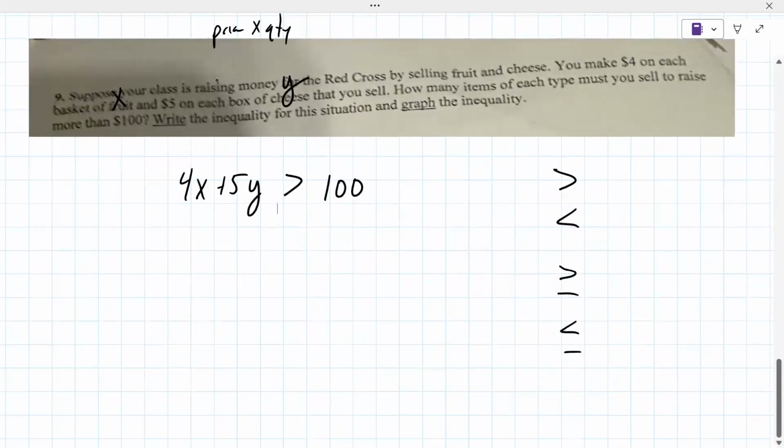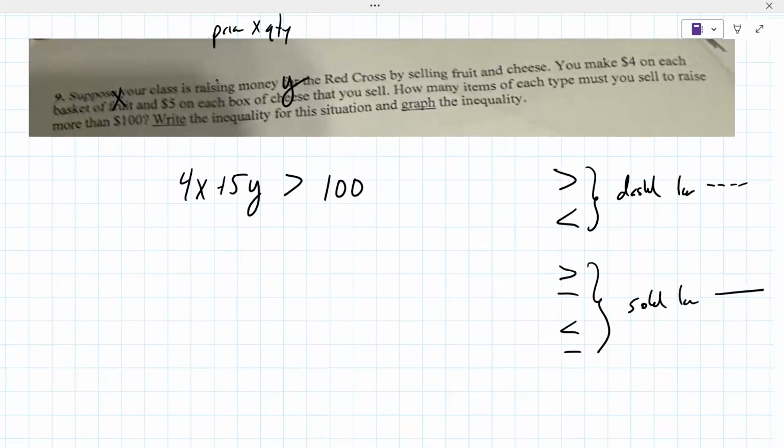So first thing is you correctly identified that this is a dashed line, and this is a solid line. You should then determine the intercepts, the x-intercept and the y-intercept. I can just plug in 0 for those, right? Exactly. And that's what will allow you to graph this.